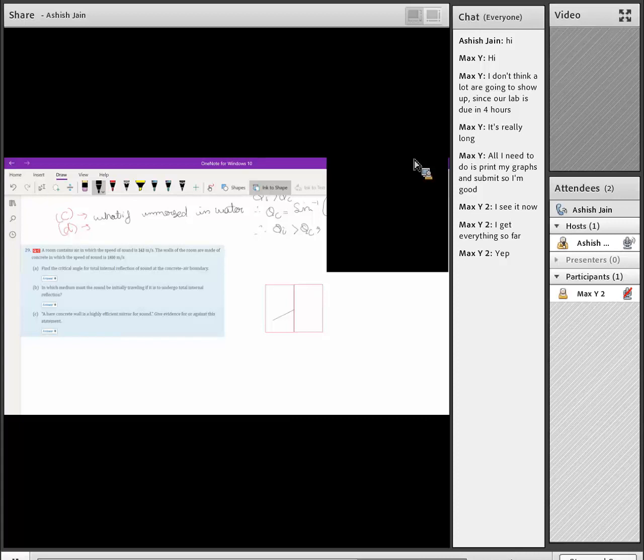And it wants to know whether it will be totally internally reflected. So this is your concrete. This is your air. Speed is VI. The speed here is VC.